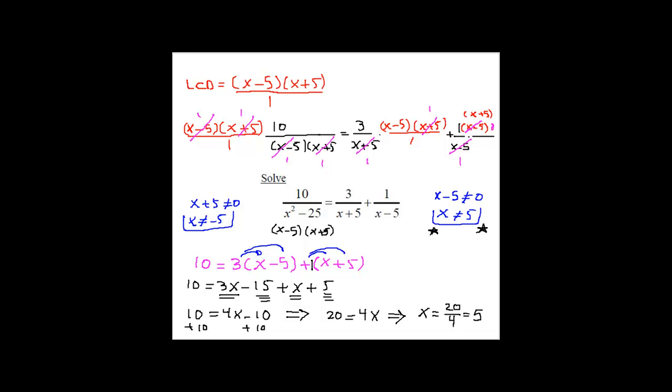So actually, we have to say no solution. That should be the answer. Okay, so the answer to this would be no solution. No solution for this equation. So we could have no solution, infinitely many solutions, or one solution when we solve equations. In this case, it just turns out to be no solution.